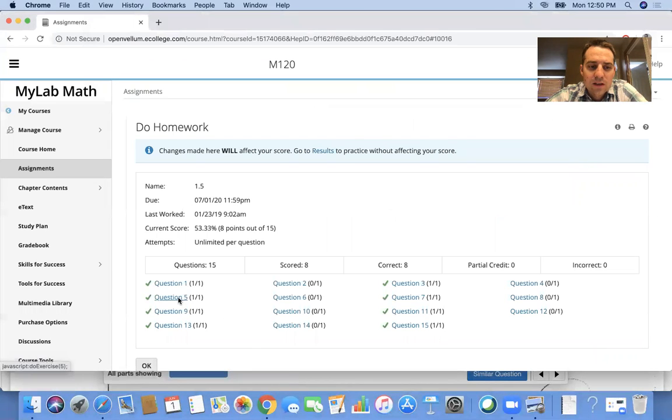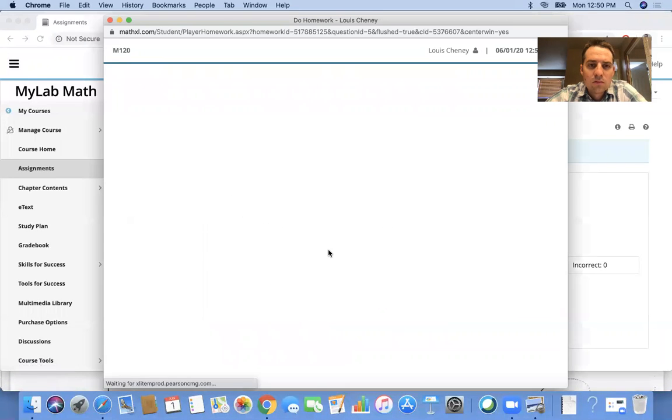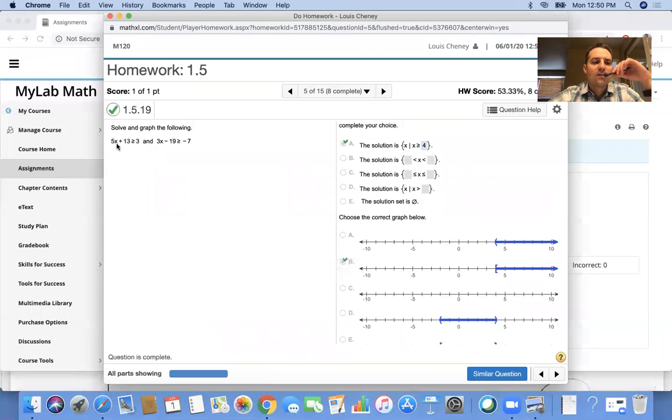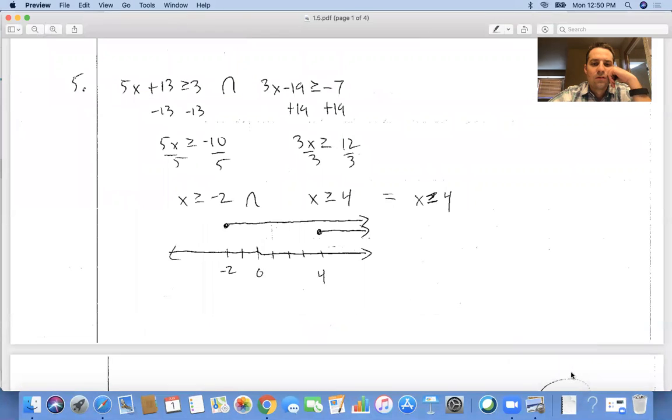Get this straight here. Okay, 5x plus 13 and 3x minus 19. Okay, there it is. So this is actually number 5. That was the bonus example before.